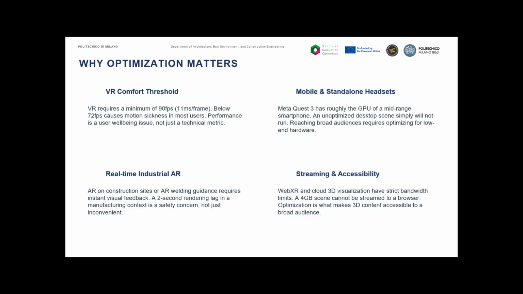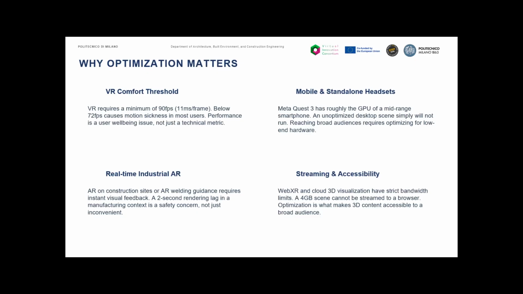Then we have standalone headsets like Meta Quest 3. They don't have enough GPU capability. They have roughly the GPU capability of a mid-range smartphone. So an unoptimized scene won't run on them. So we need to optimize them. And we have industrial AR applications: welding, guidance, assembly, maintenance.